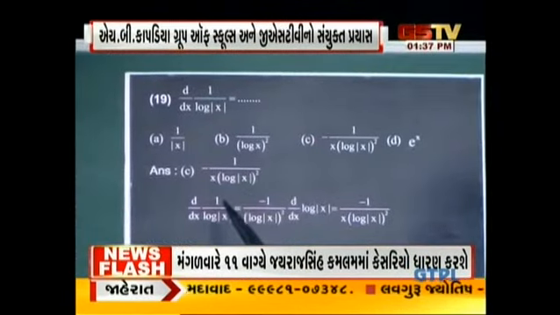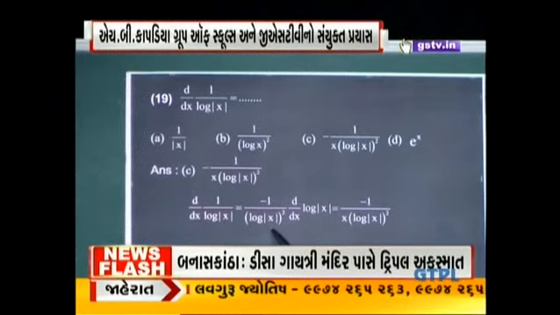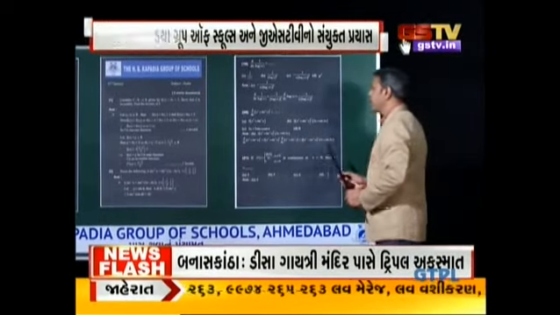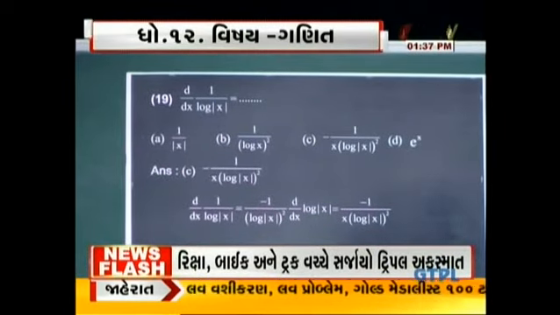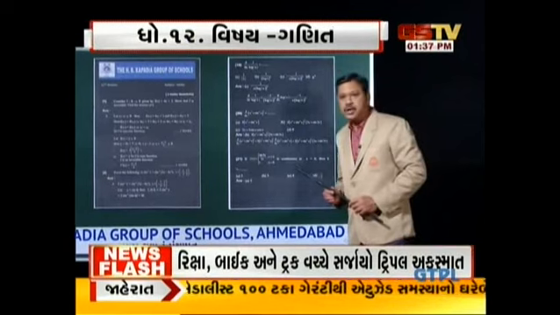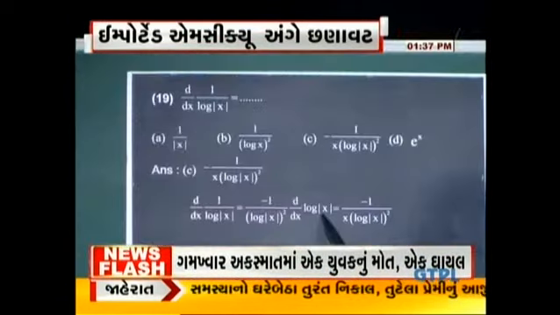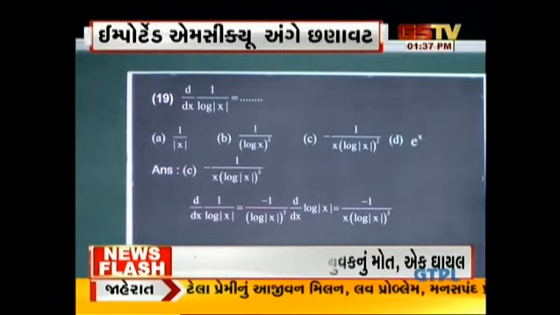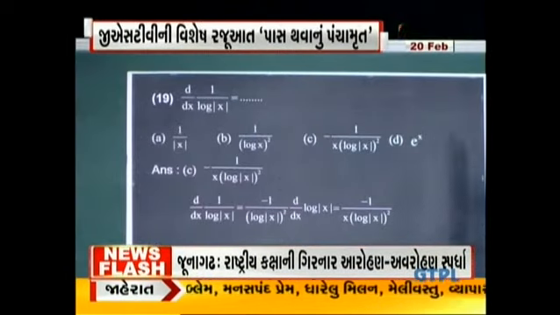So 1 upon log mod x derivative is minus 1 upon log mod x square, and if we again apply chain rule in log function, so again derivative of log mod x, and as we discussed in last question, derivative of log mod x is 1 upon x, not 1 upon mod x. Okay, so here derivative of log mod x is 1 upon x, so answer minus 1 upon x into log mod x square, option C here.